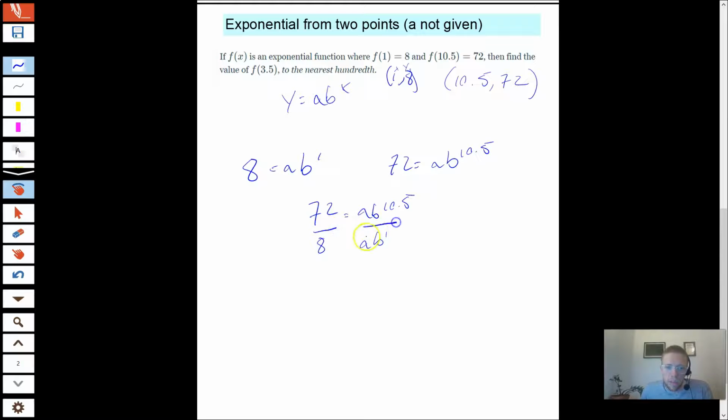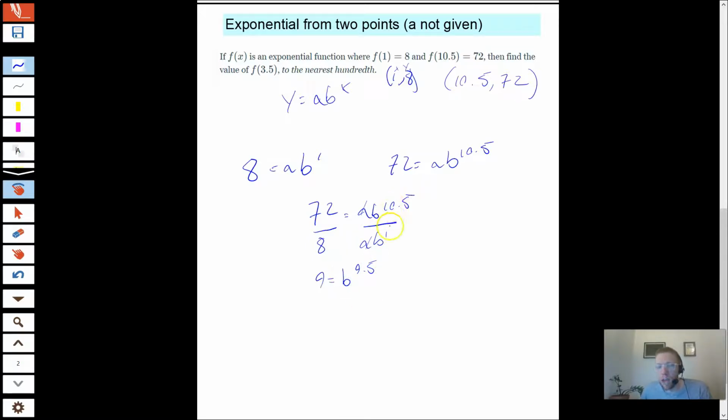So notice I lined up my equations across, in order to get another equation that is true. And then I divide. So 72 over 8 is 9 equals, notice my a's cancel out, so that's nice. And then I get b to the 9.5.